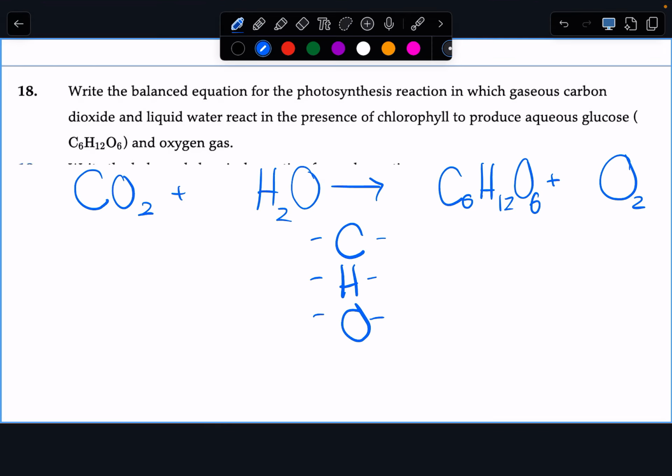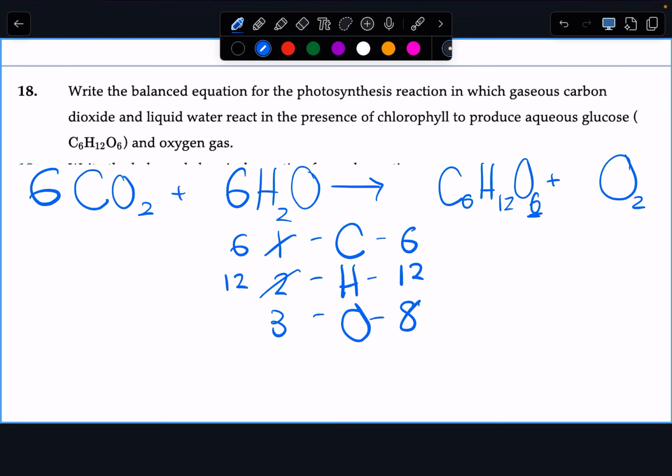Okay? When we're balancing it, the biggest thing to remember is that this sugar compound has some of the oxygen in it, so don't forget that when you're counting up the oxygens. So we put a 6 in front of the carbon to give us the 6 carbons, a 6 in front of the water to give us the 12 hydrogens, and then we just have to look at the oxygens to figure out how much O2.